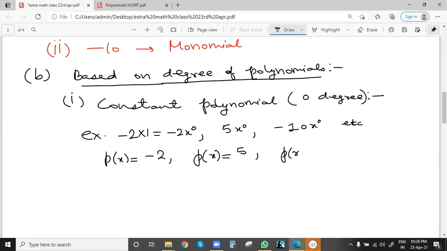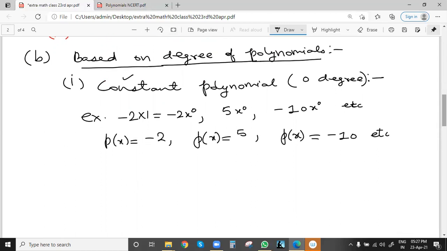So we can write constant polynomial like this: p(x) equal to -2, p(x) equal to 5, and p(x) equal to -10. Understood? Yes, sir. Constant means constant value, and nothing is given. That means 1. 1 means x to the power 0. Here also x to the power 0, so 0 degree. Basically, we have started with 0, so 0 degree.